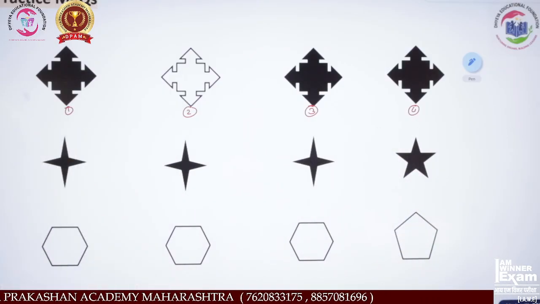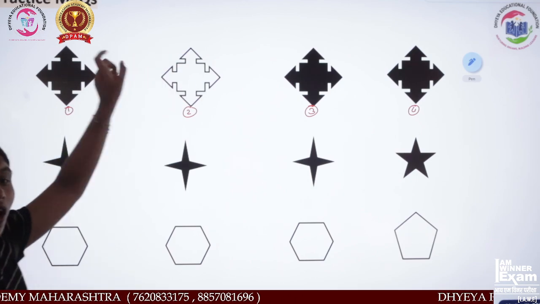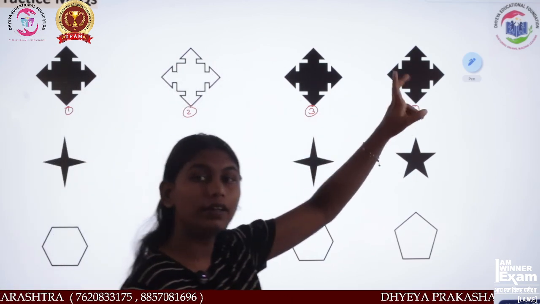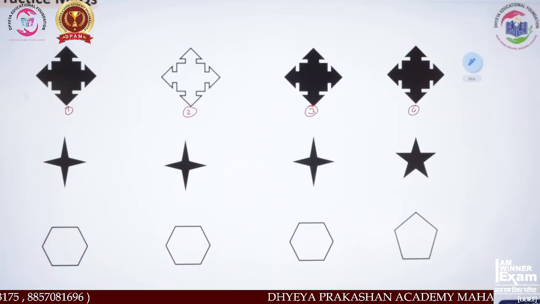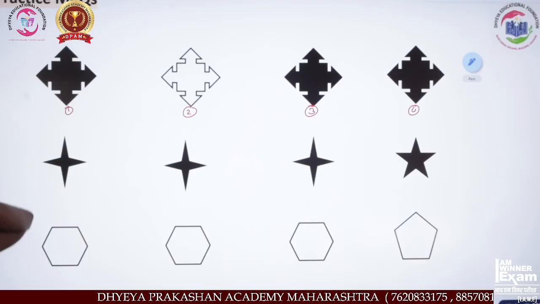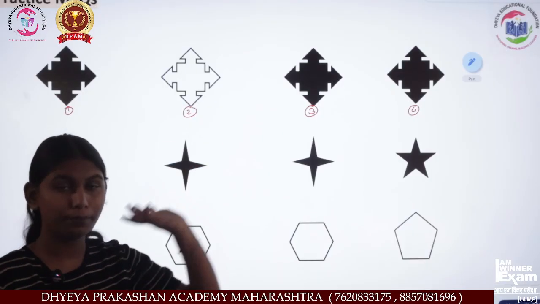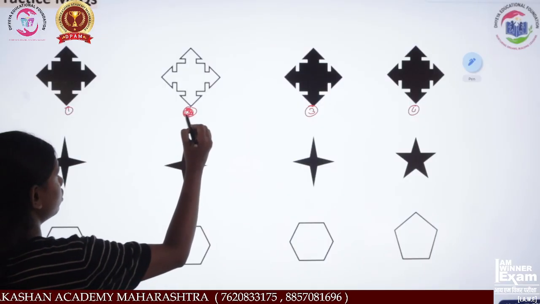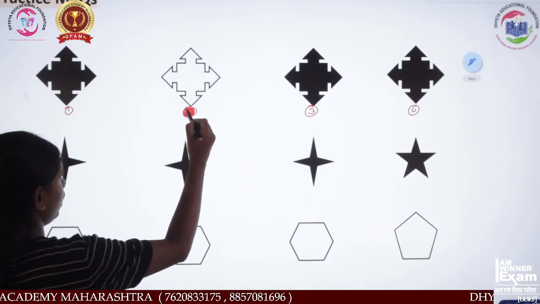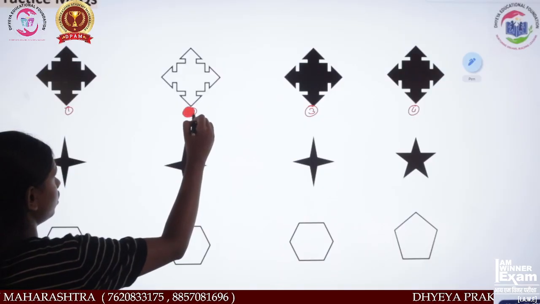Now why 2? Leaving this 2, all the figures are colored black, but in the second one the figure is not colored black, right? So the second one is your correct option, which is different.